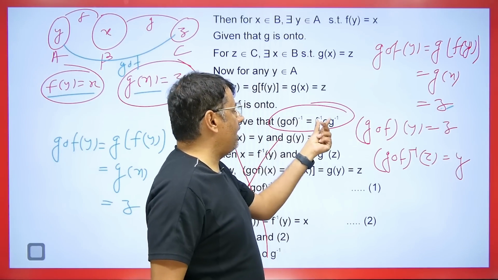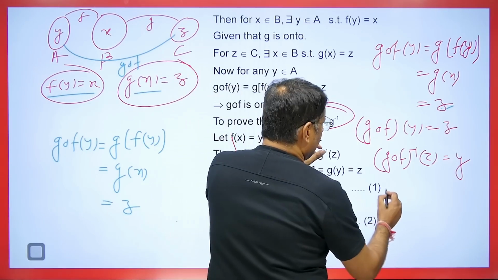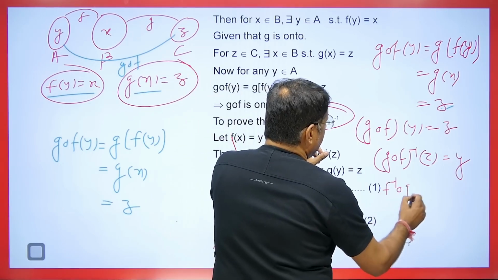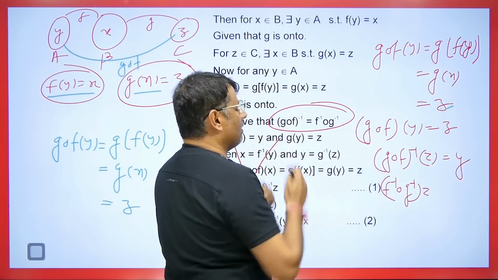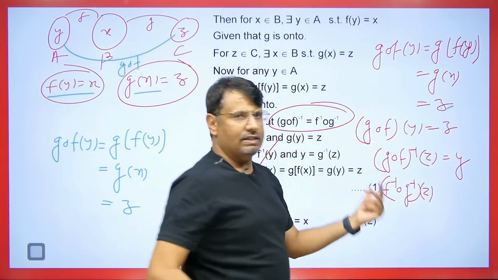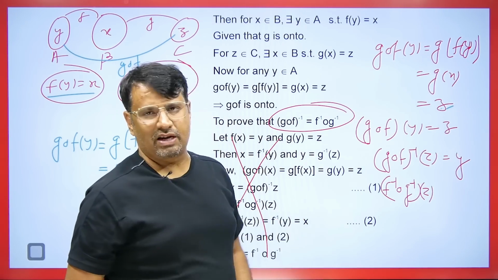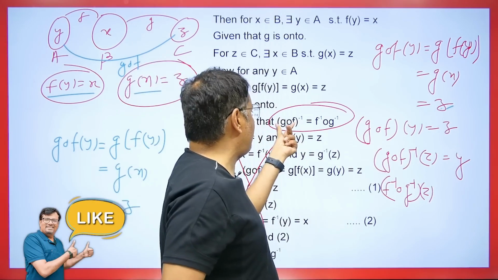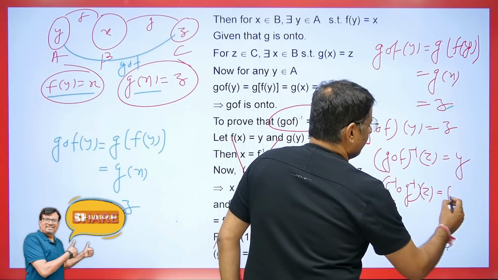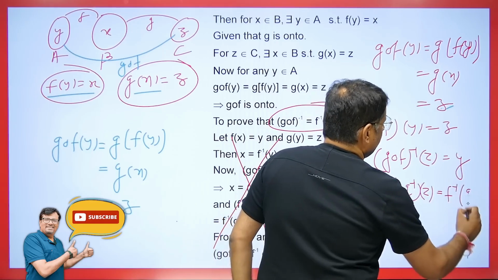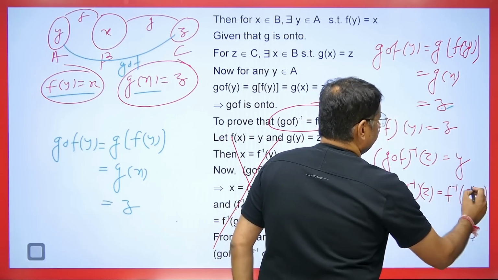Now see what I will do here. Please pay attention now as I will calculate the value of F inverse O, G inverse z. If I will bring this value also as y, then it will be proved accurately. So if we have this equal to y, then we will bring this also equal to y. How will we do this? Take a look here. Here we will get F inverse, so we can also write it as G inverse of z, right?